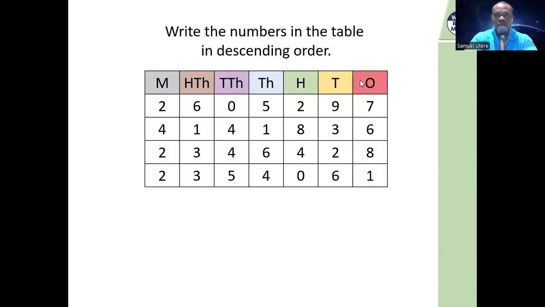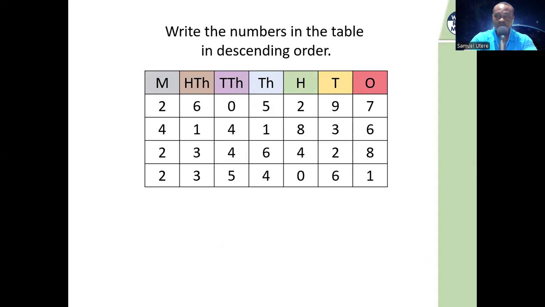What about these ones? If we're asked to write these numbers in the table in descending order, how do we do it? We'll use the same approach. We'll look at the numbers starting from the highest place value column. Remember what the word descending means.